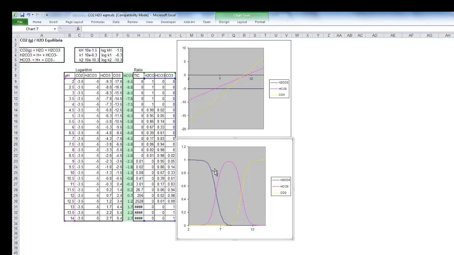And around the pH of most natural waters, which are slightly acidic but around neutral, so between maybe 5.5 and 8, largely we've got bicarbonate as the predominant form of inorganic carbon, and then at higher pHs you start to get carbonate becoming dominant.